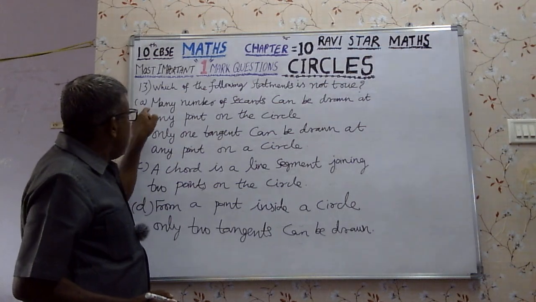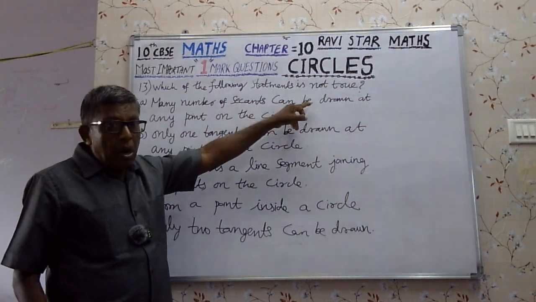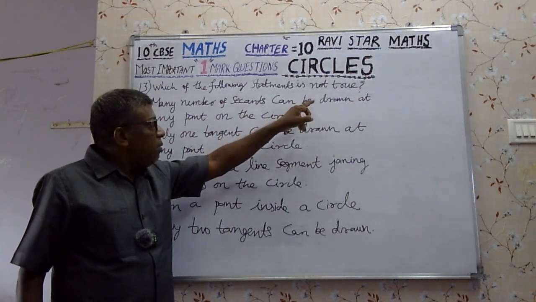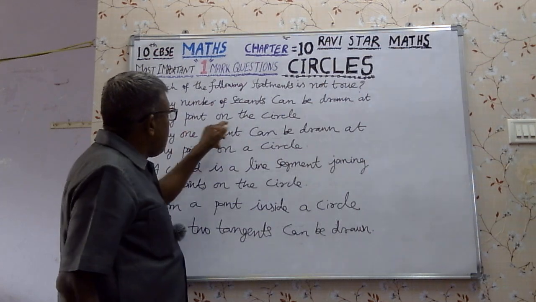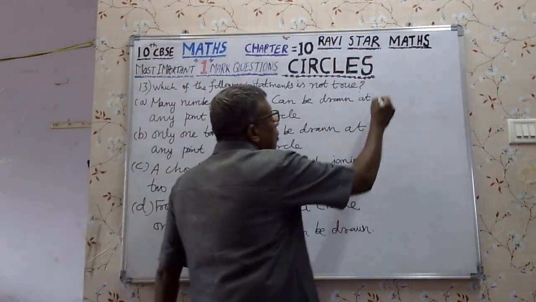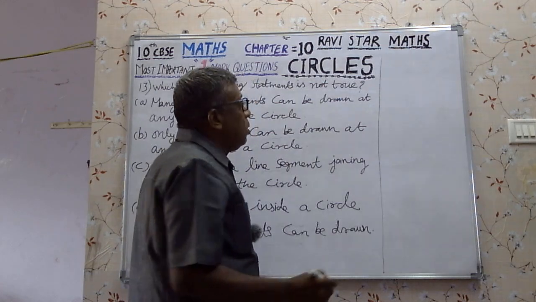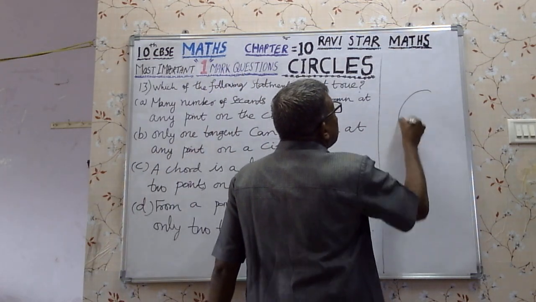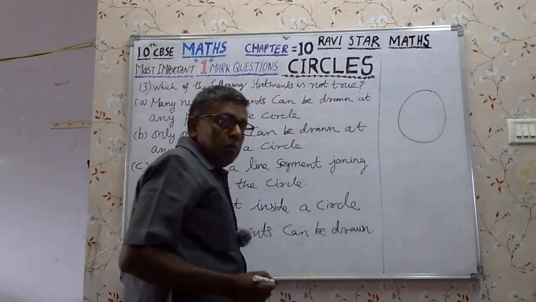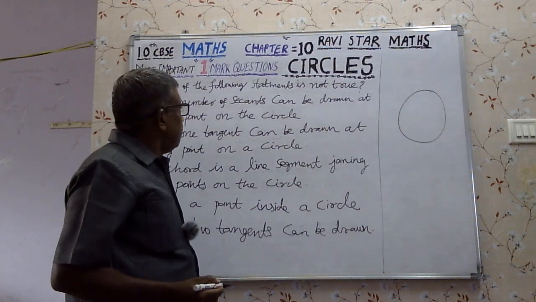Option A. Many number of tangents can be drawn at any point on the circle. Now, I am going to draw one circle. This is the circle.